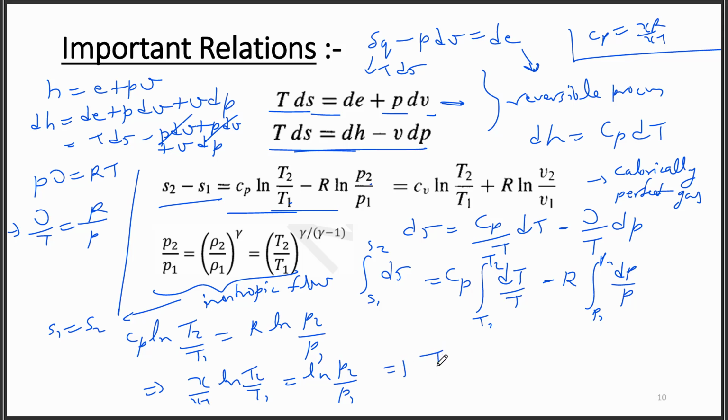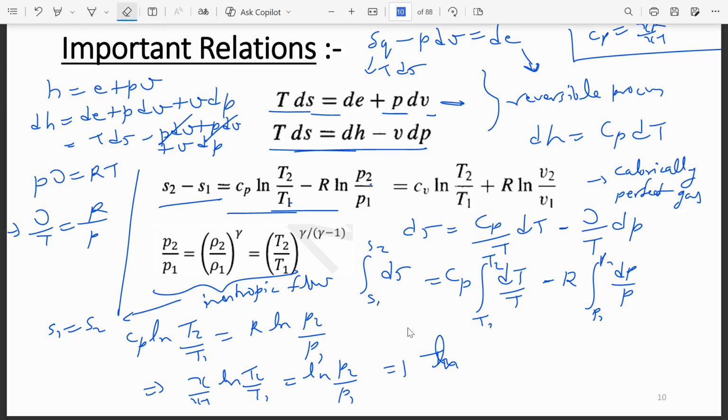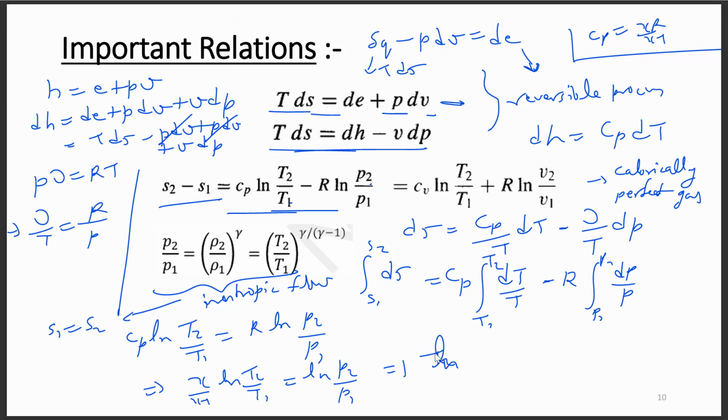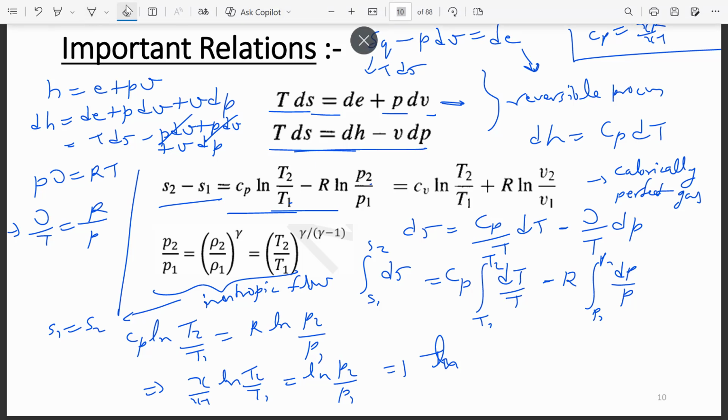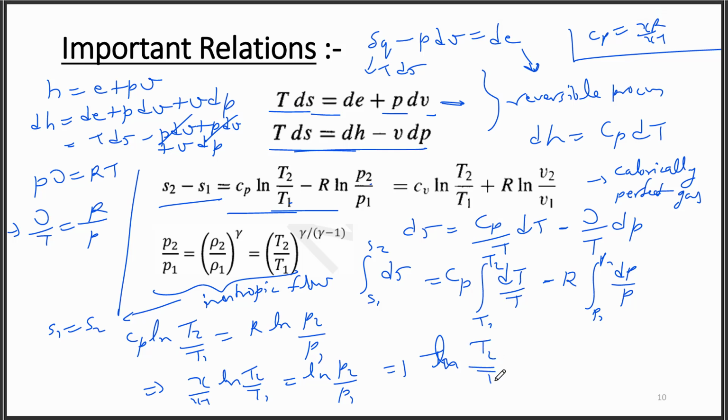So which can be written as log T2 upon T1 to the power gamma upon gamma minus 1 equal to log P2 upon P1. If we remove the log, then we will get P2 upon P1 equal to T2 upon T1 to the power gamma upon gamma minus 1.